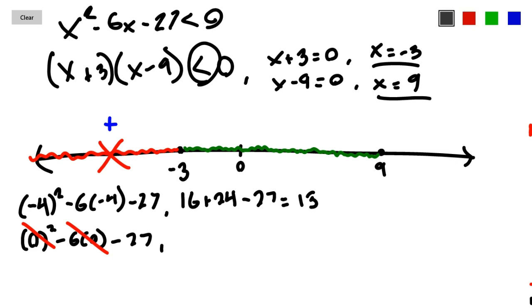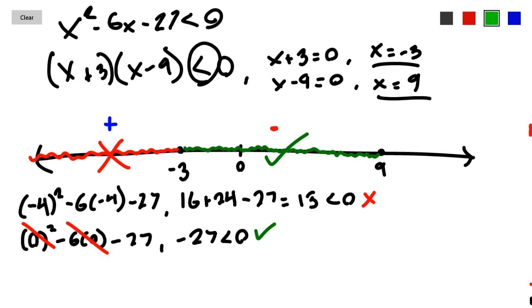And then we're just left with negative 27, which is in fact less than 0. So I'll just mark that with an X. And this one checks out because it's a negative number. So we know that we have a negative right here and that this interval is good to go. So any number between negative 3 and 9 fits.